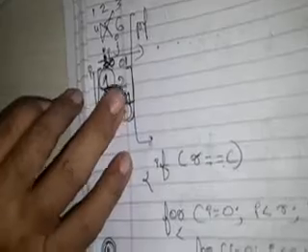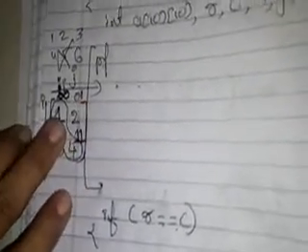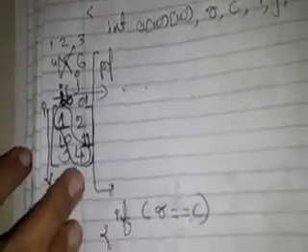After 1, the next element will be 2. But in the case of 2, i is not equal to j. i is 0, j is 1. So leave a space there. See, space is left. Next 3 will come. Again 3 will not get printed. Space is left. 4 gets printed. For that purpose I have taken this particular thing. So complete the loop.